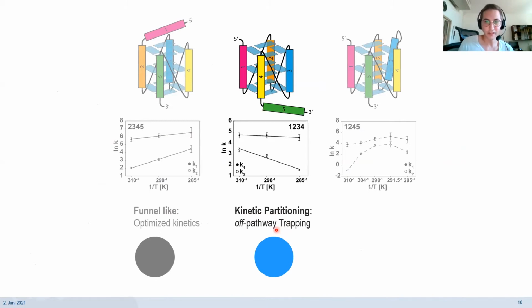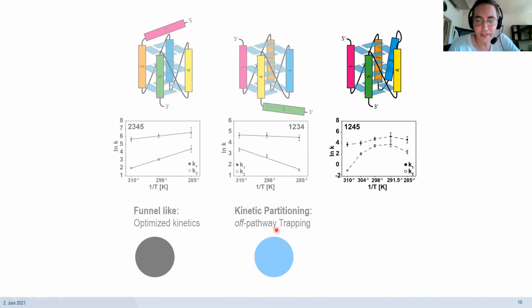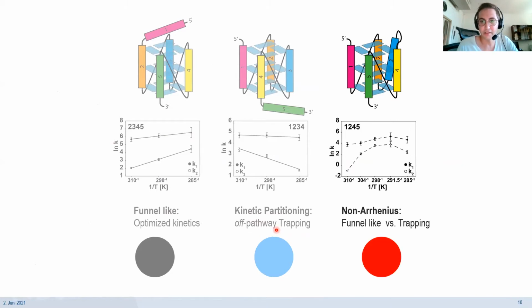But certainly the most peculiar case is the third one. And what you see here is a strictly non-Arrhenius behavior. This is really a rare case where you are at an intersection on the folding energy landscape, meaning that you have two different folding regimes at higher and at lower temperatures.